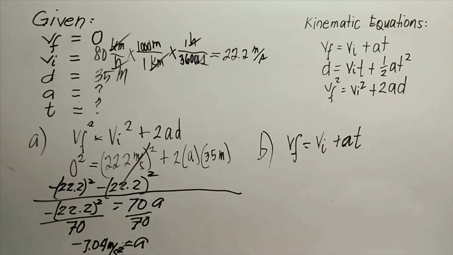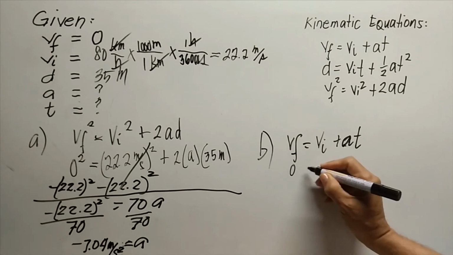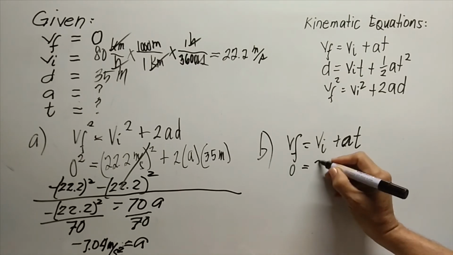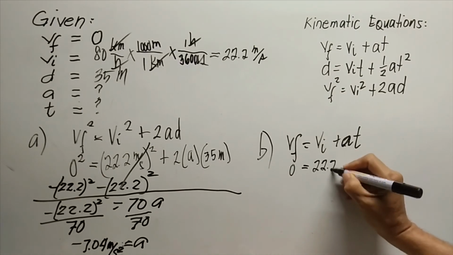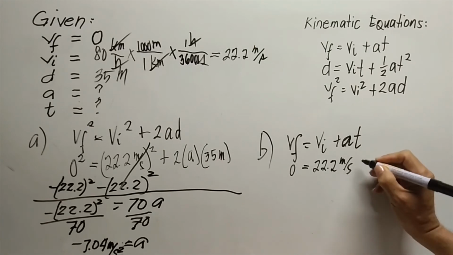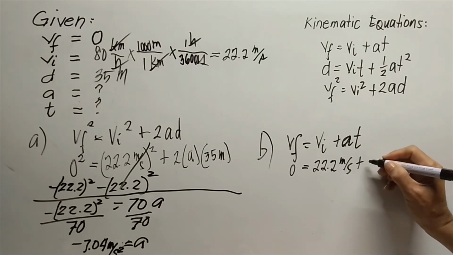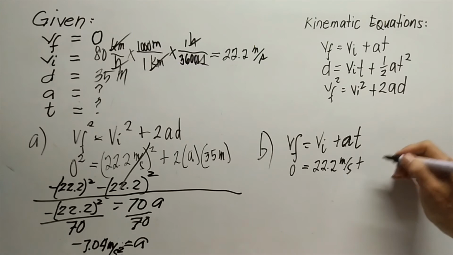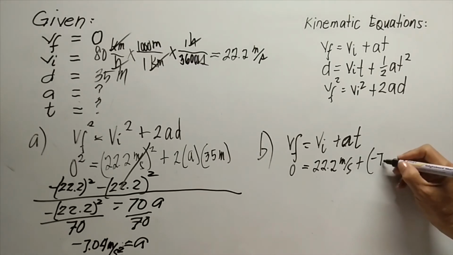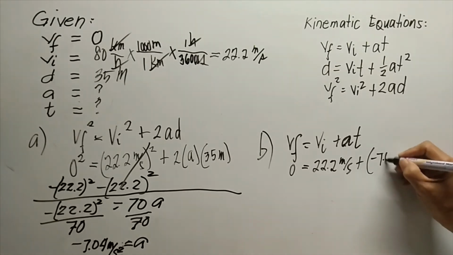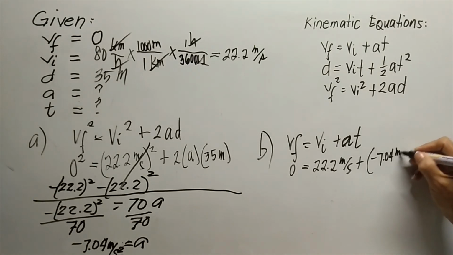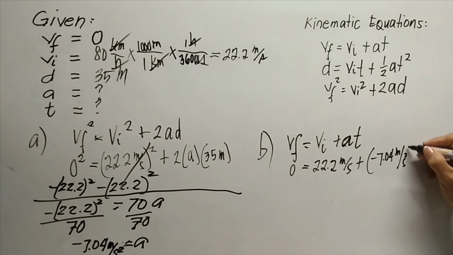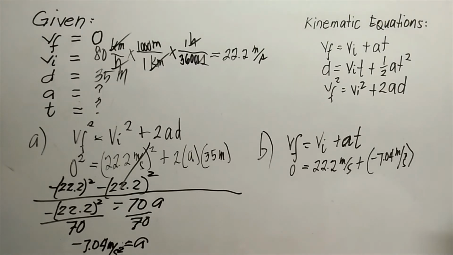So we'll have Vf is 0, Vi is 22.2 meter per second, plus acceleration, the value that we had just calculated, which is negative 7.04 meter per second squared, times time, t, unknown.